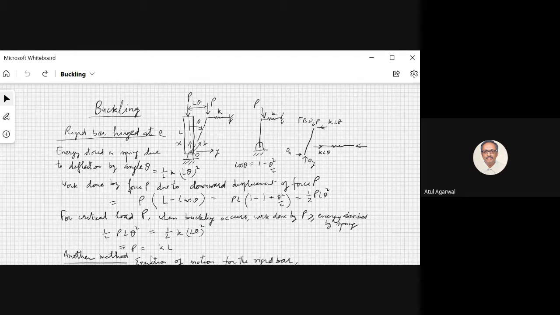So the critical load becomes K into L, where K is the stiffness of the bar or spring. You have assumed all the stiffness of the bar in the spring K shown here. So you have a bar which has some stiffness, and you are assuming the bar as rigid, and the entire stiffness is in this spring K. So this is some kind of bending stiffness.